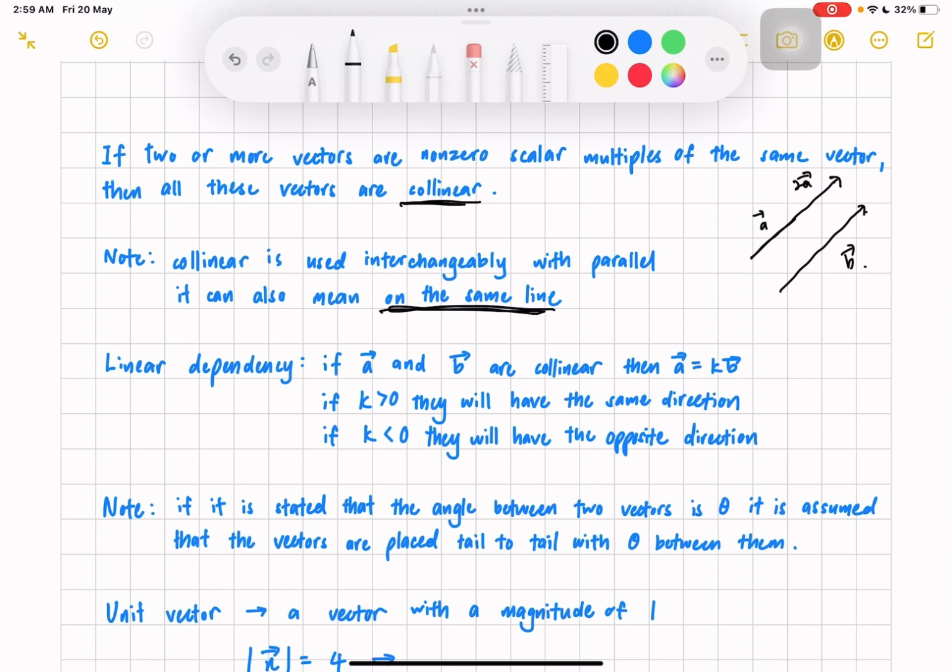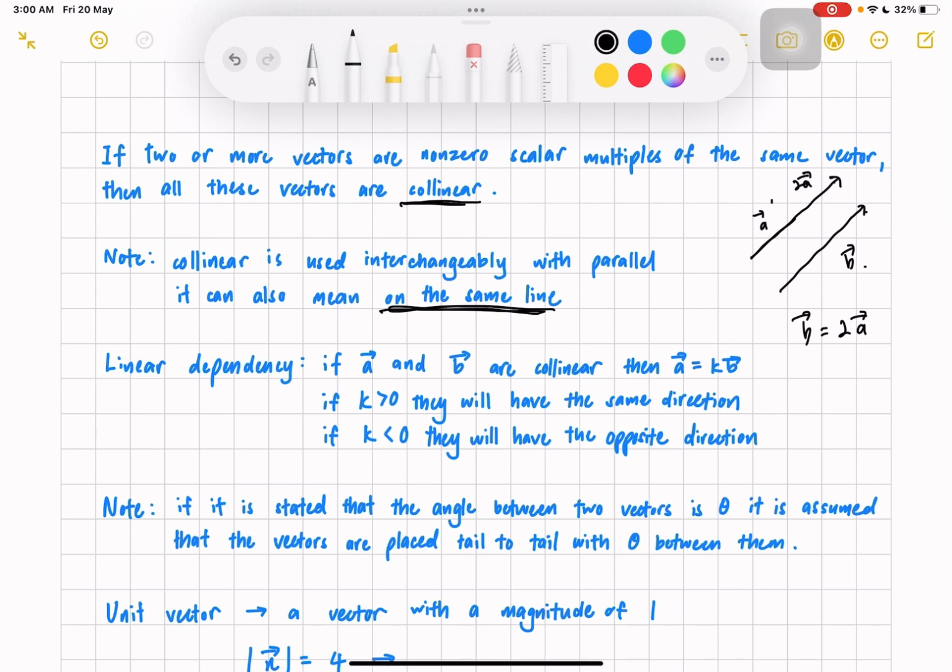And vector 2A is just 2 times the length of vector A. So technically vector B is indeed 2 vector A, and that is why we put it together, and that is why it is collinear too. And again, if K is larger than 0, they will have the same direction. If K is less than 0, they have the opposite direction, same as what we learned before.